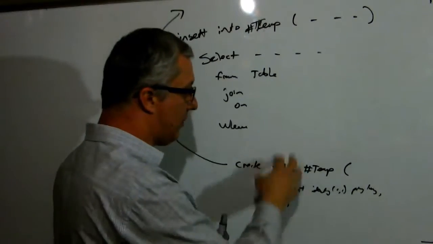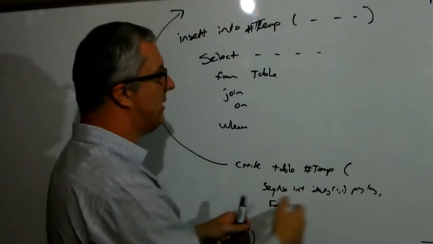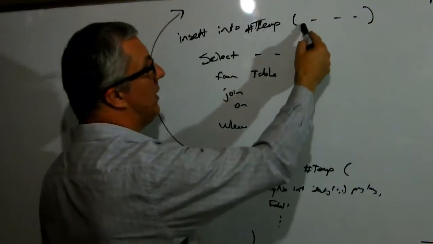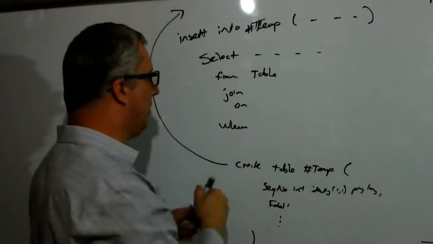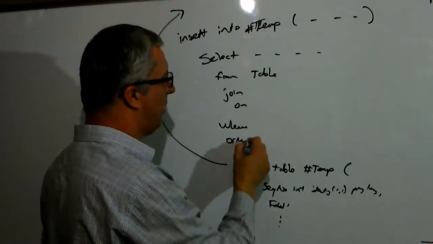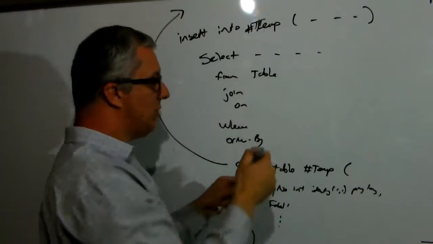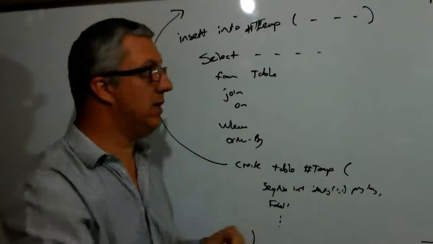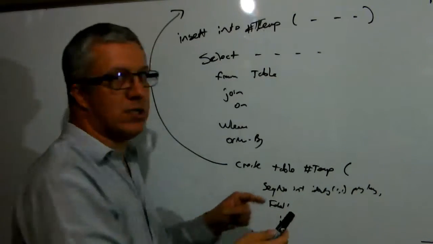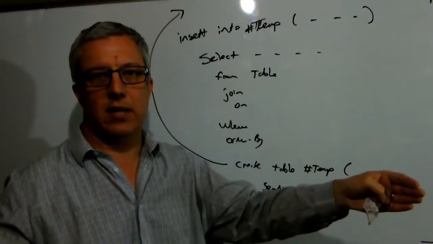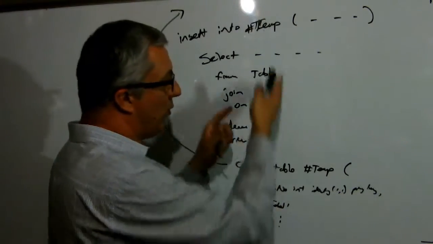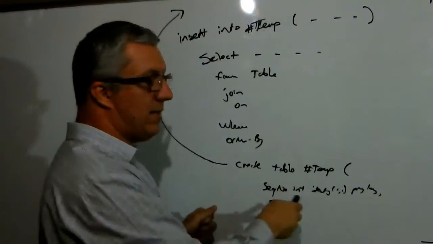That is the first step, I'll create my table with an identity. When I insert, it will insert the records in sequence. So if I have an order by in my query, it will insert them in the order that I've selected, and my sequence number will start 1, 2, 3, 4, 5 for the numbers that are put in that sequence.